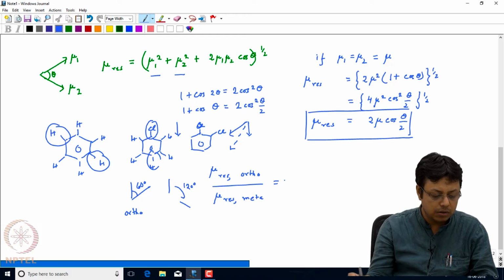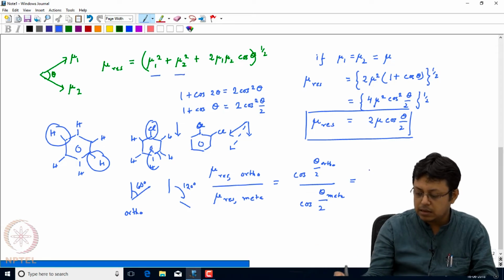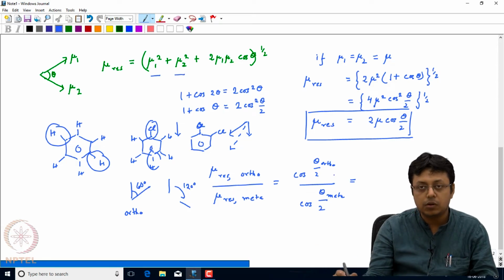So, for ortho this angle will be... this ratio will be nothing but cosine theta by 2 for ortho divided by cosine theta by 2, where this theta is for meta. For ortho it is 60 degrees, and 60 divided by 2 is 30 degrees.